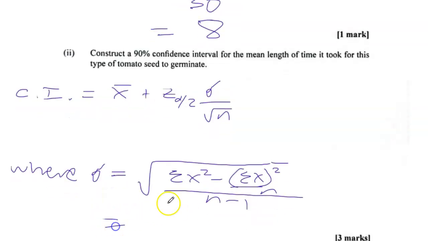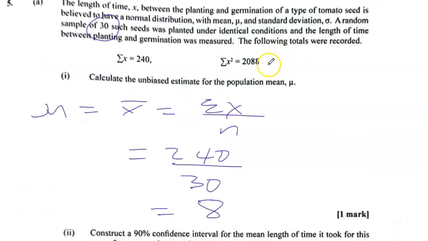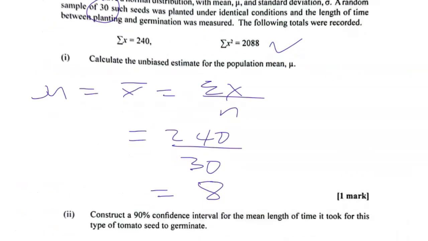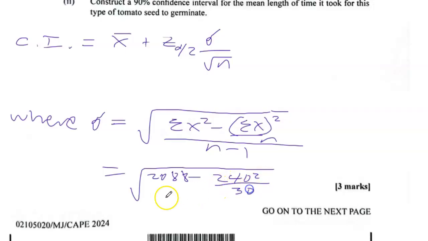So sum of x squared, we know, is 2088. Sum of x was 240, so 240 squared over n, which is 30, all over n minus 1, which is 30 minus 1, that's 29.